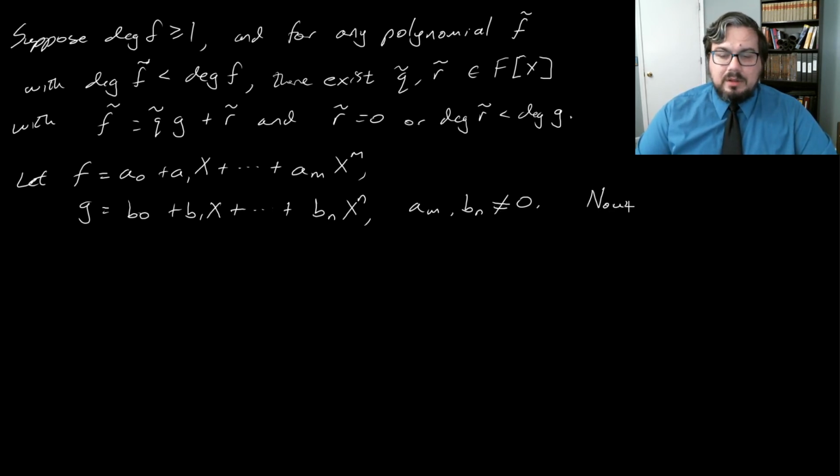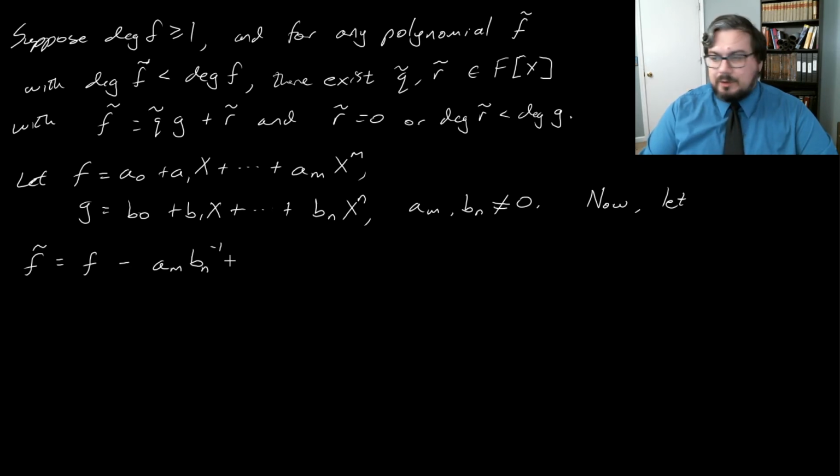So now let's let f tilde equal f minus am bn inverse x to the m minus n g.